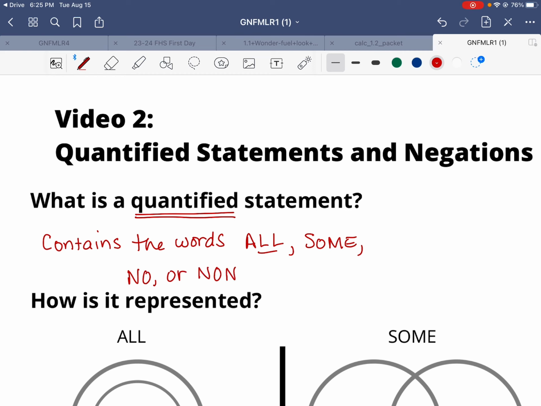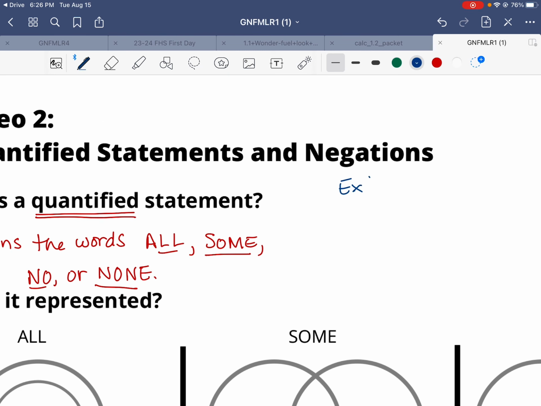And no or none is really what sounds grammatically correct, okay? So contains the word all, some, no, or none. Think of that as like those multiple choice questions where it's all of the above, none of the above, that sort of thing. Okay, so let's have a couple examples because I think that might clarify things a little bit.